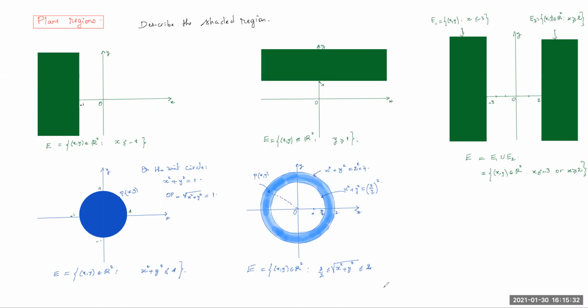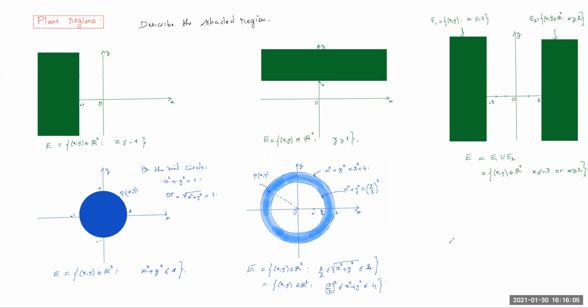But if you want to use the expression of a circle, then you have (3/2)² less than x² + y² less than 4. So I need to have this inequality and this inequality: above this distance and below the other distance.